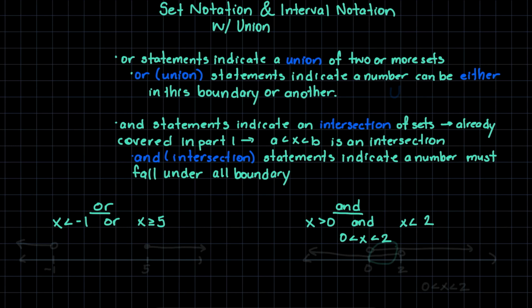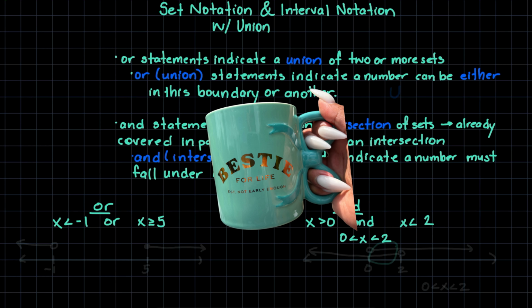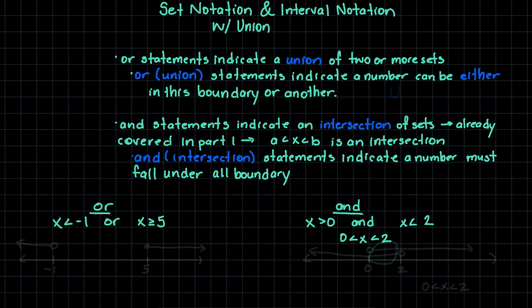Before we get started, it's that time again. It's time for our background information, which we call mint green tea. Or statements indicate a union of two or more sets. If you see "or," you see a union, which we use a U to indicate.